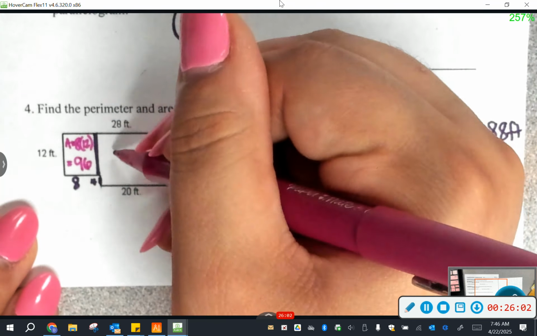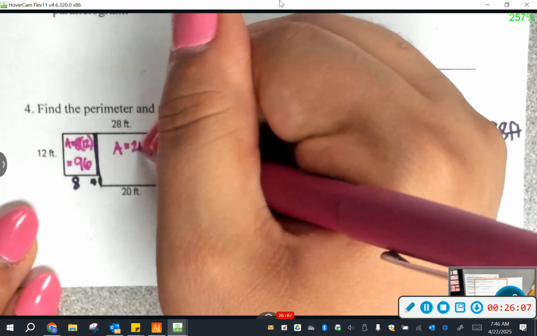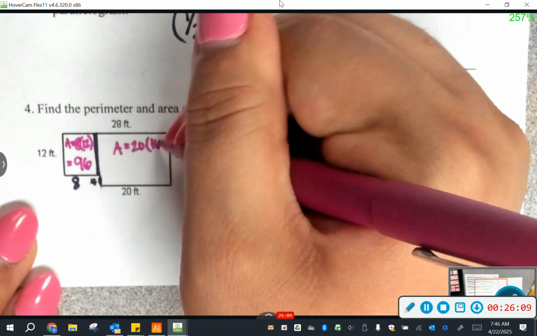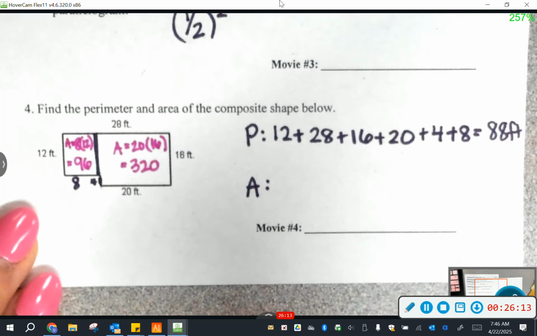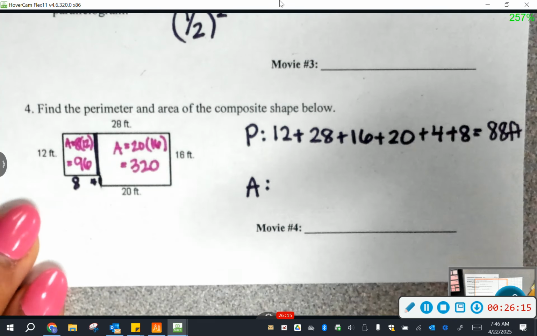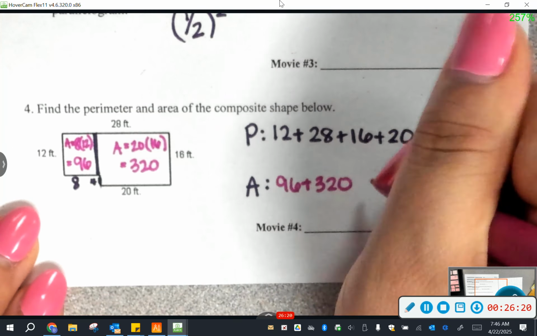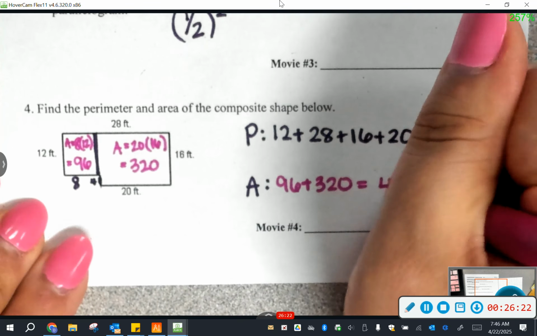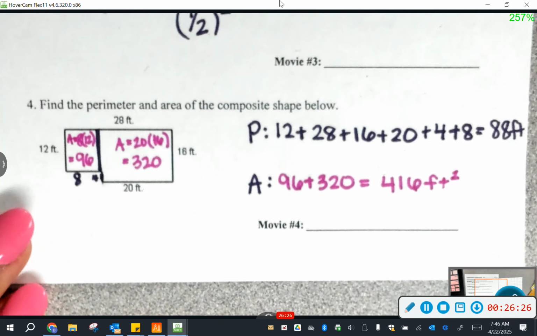For this one right here, what is my base? 20. What is my height? And what is 20 times 16? So what do I do to find the area? What is 96 plus 320? 416 feet squared is my answer.